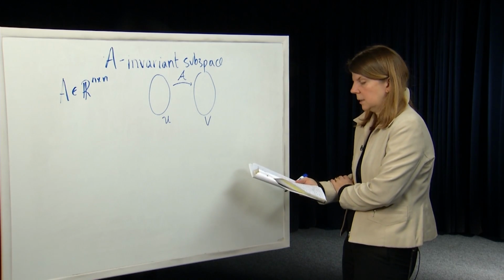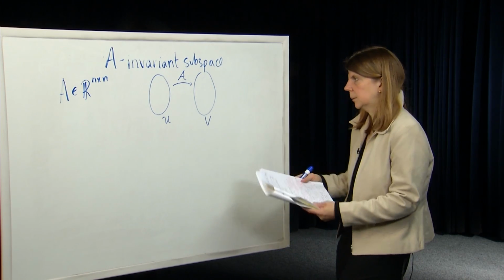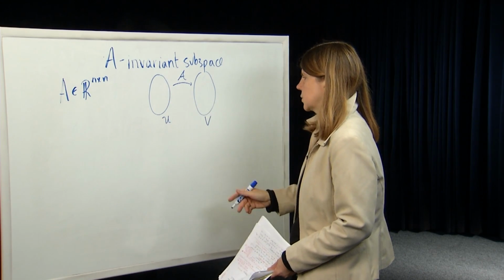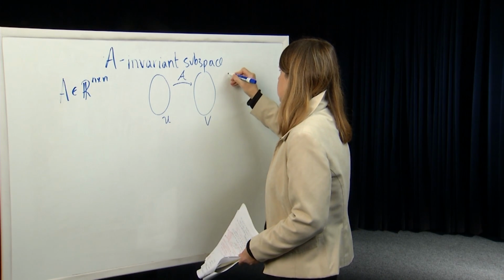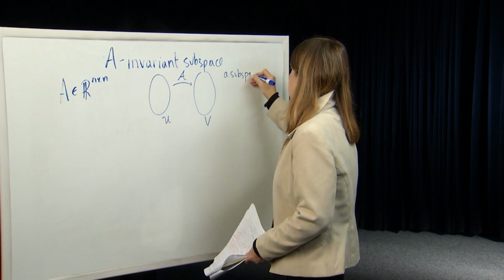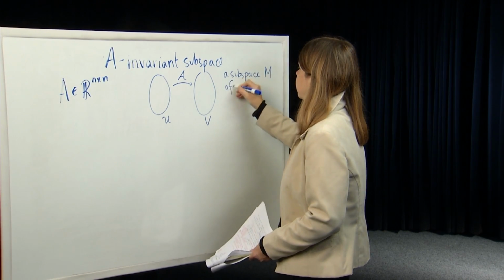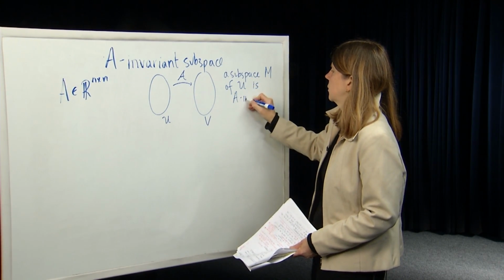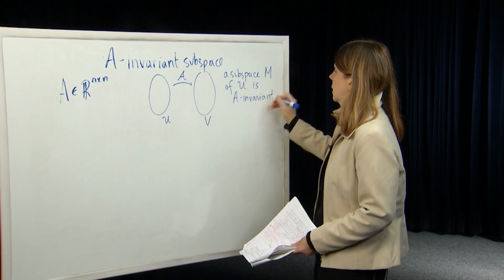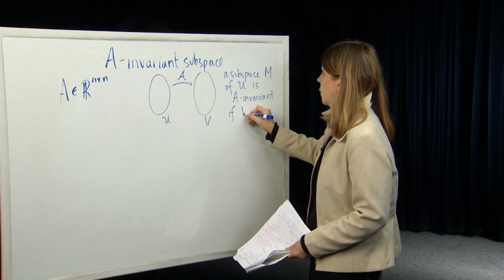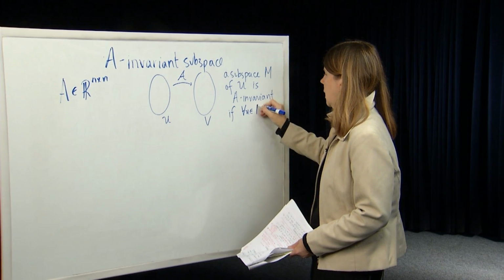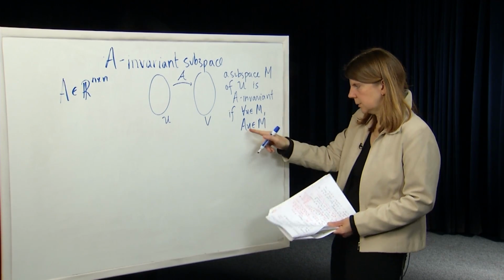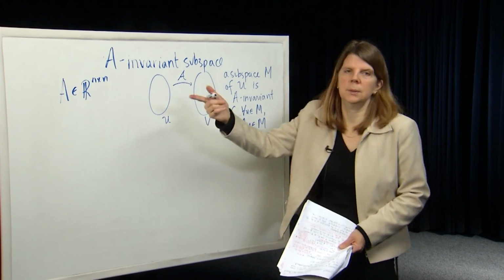We say that a subspace M of the vector space U is said to be A-invariant if for all vectors u in M, Au also belongs to M. This could be the linear map A, or it could be its matrix representation.